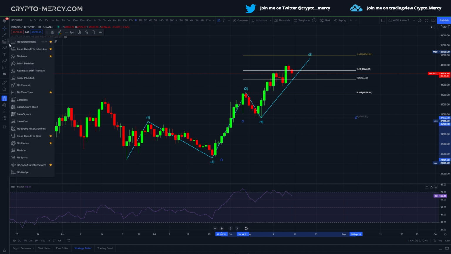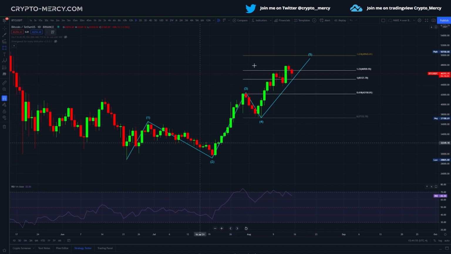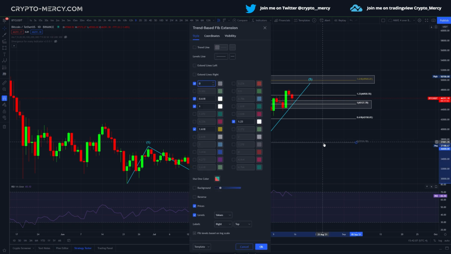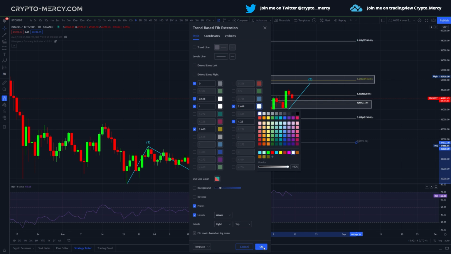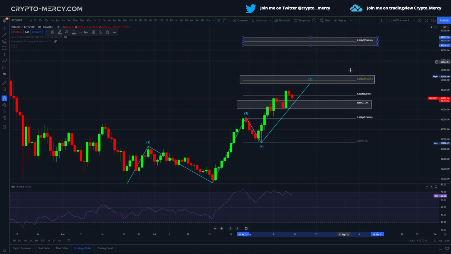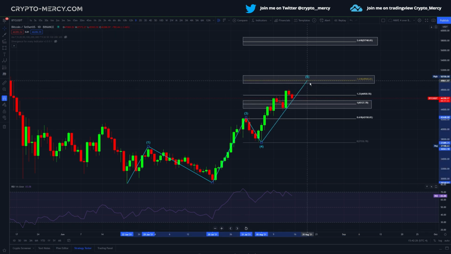You need to understand that on a wave 5, the most probable targets are the 1.0, the 1.618, and the 2.618, sorry, that I will add for you right there. And here we go. Yes, it's less probable, but it can be possible.